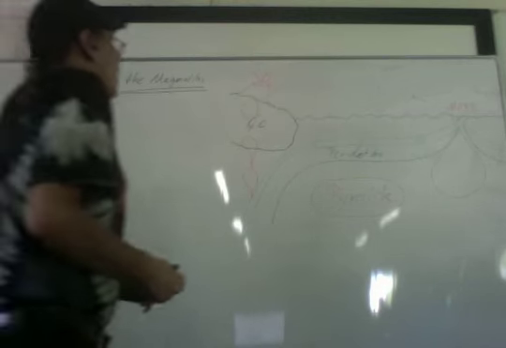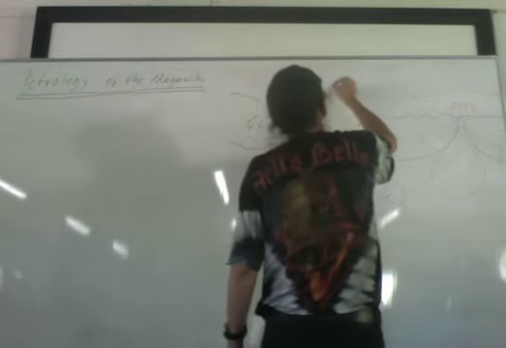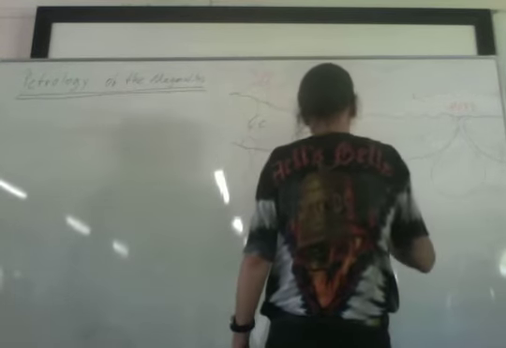And where do you think you have the next OIB? OIBs, these are ocean island basalts.